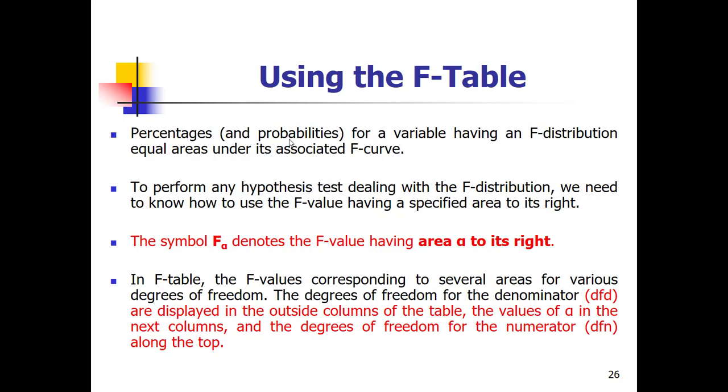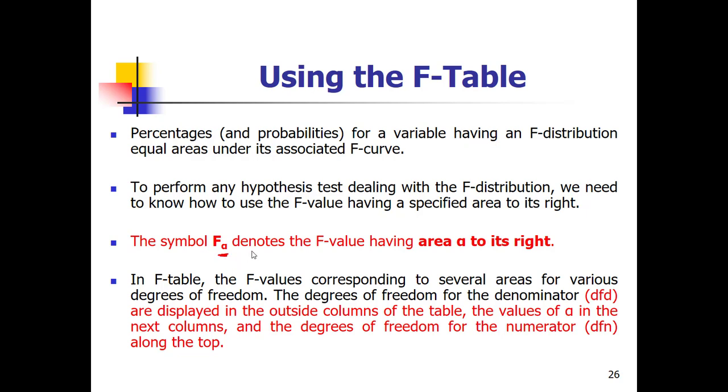F tables are a bit specific because they include both the first degree of freedom, the second degree of freedom, and another parameter which is alpha, the significance level.